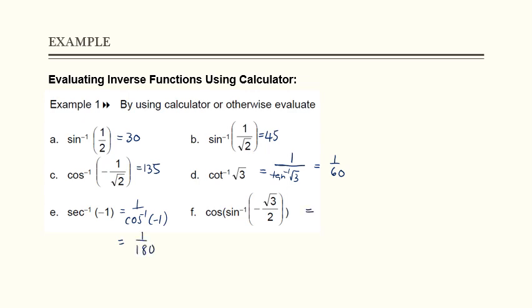And the last one is cos sin inverse. You can enter it in the calculator. Cos, press shift sin inverse, then enter negative square root 3 over 2, close the bracket, close the bracket. So it is equal to 1 over 2. Just enter it in the calculator. Alright, understand? This is using a calculator. Okay, next.